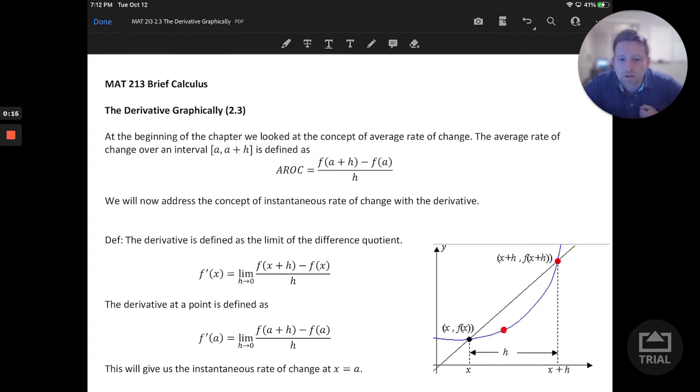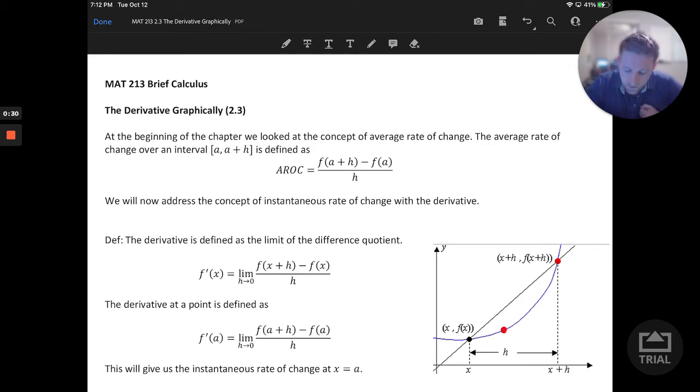So let's start with, again, the definition of our average rate of change over an interval a to a plus h. This is where we're going to start to build our idea of the derivative at a point.